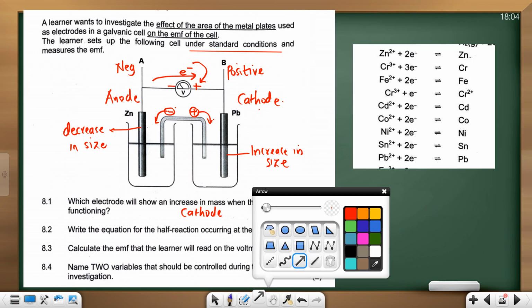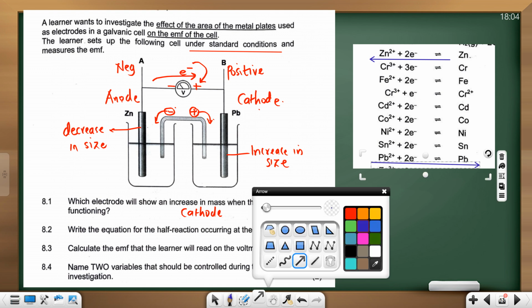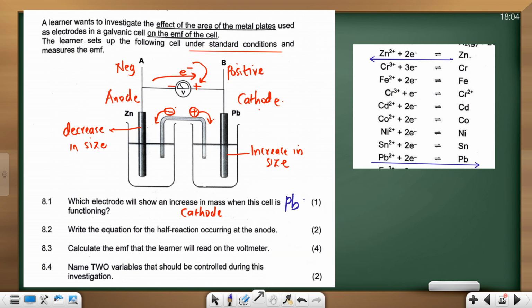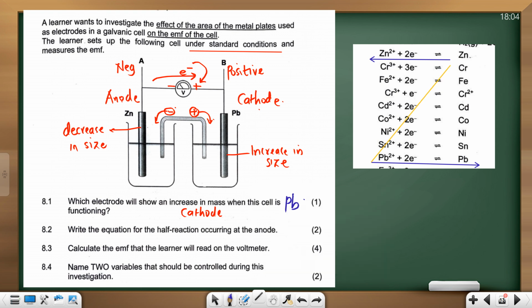So if I were to write the letter Z, I don't know if it makes sense. So you can do that in your paper. That shows you which one is going where.